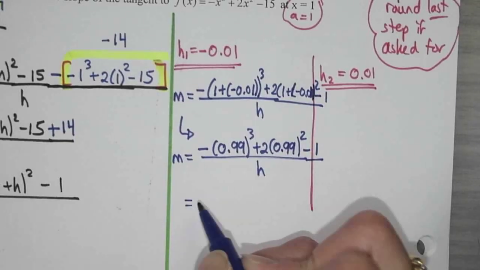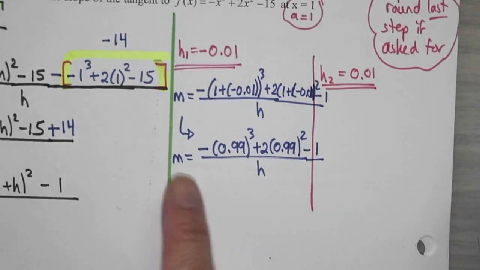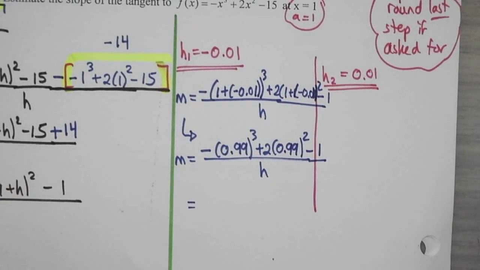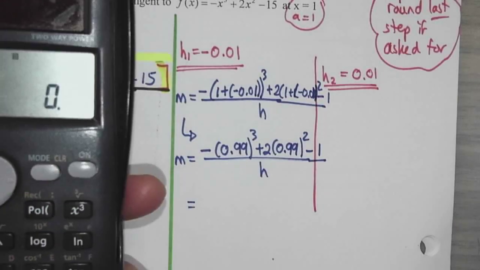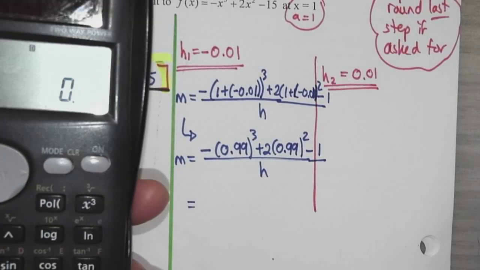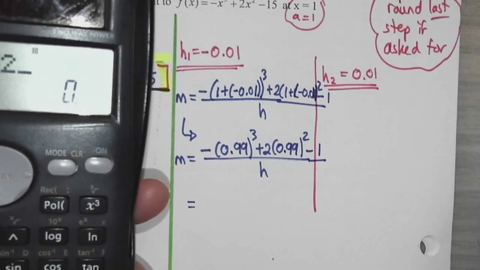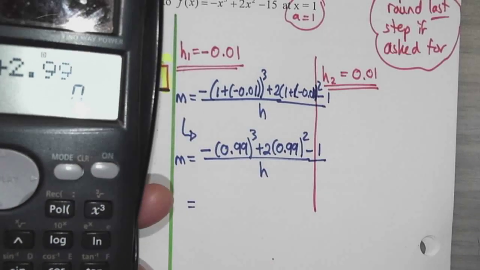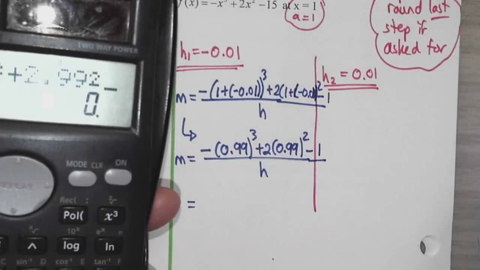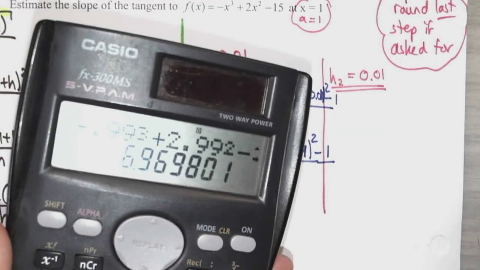Right? And then when I calculate this, again, I do not want to see each line done. Like, I don't want to see 0.99 cubed. So on my calculator, get used to it's negative, and it's 0.99 cubed plus 2 times 0.99, I'm punching it right in, squared minus 1. So I get the whole top.